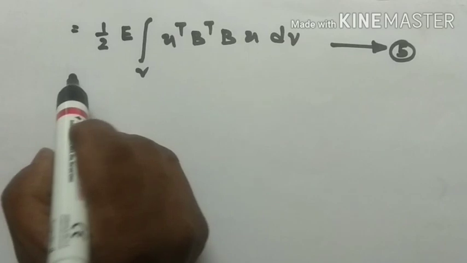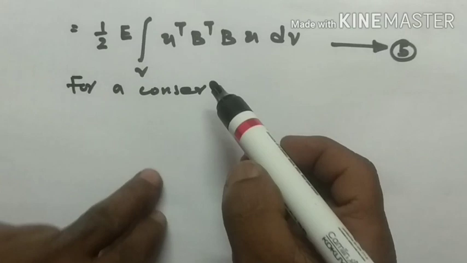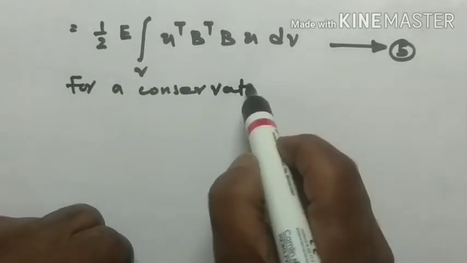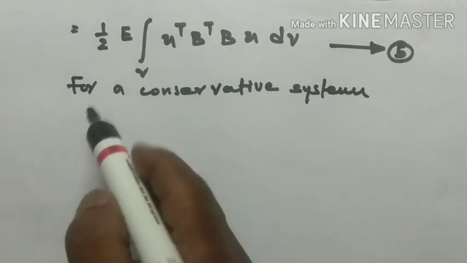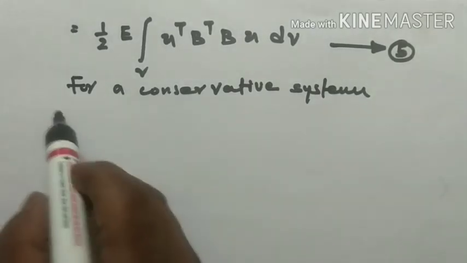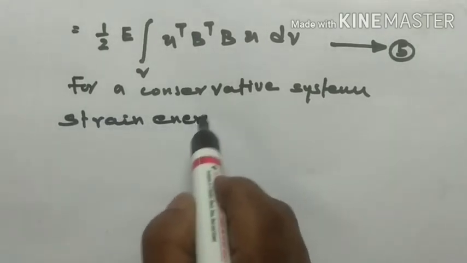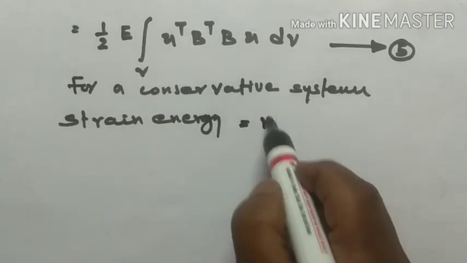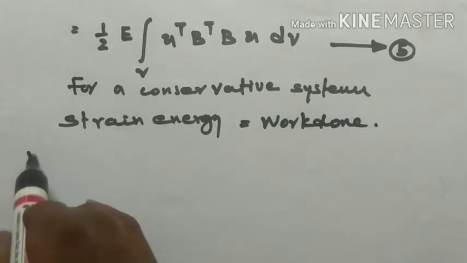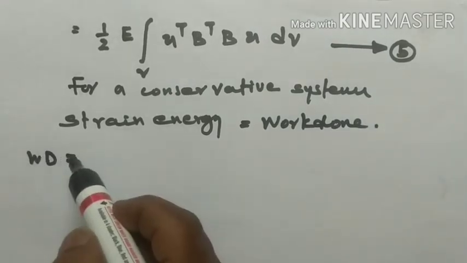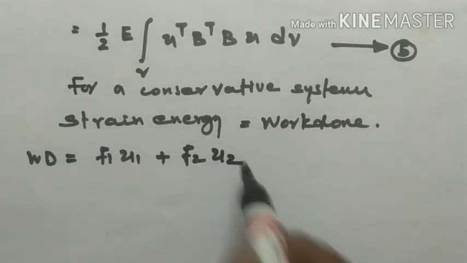And also for a conservative system, the strain energy is equal to the work done. Strain energy is equal to work done. And the expression for the work done is equal to F1 u1 plus F2 u2.